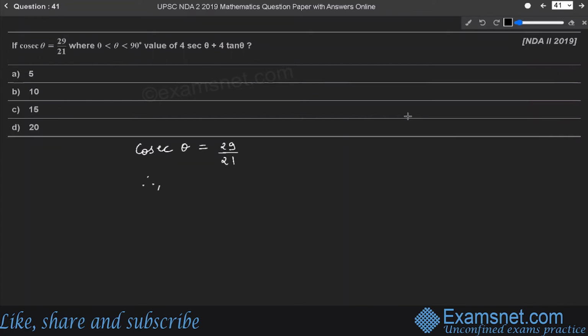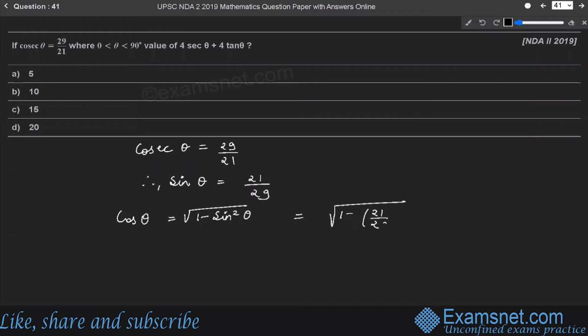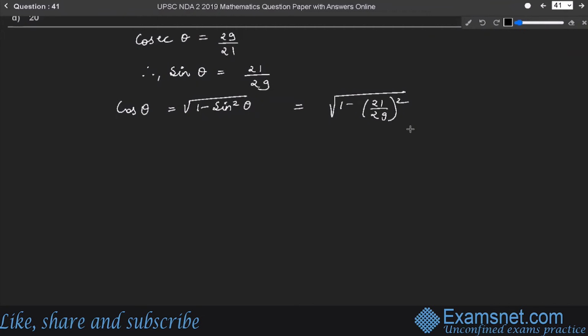Therefore, sin theta will be equal to 21 upon 29 and cos theta will be equal to the square root of 1 minus sin² theta. So this will be equal to the square root of 1 minus (21 upon 29) whole square. On further solving this, it can be written as the square root of (1 minus 21 upon 29) into (1 plus 21 upon 29).